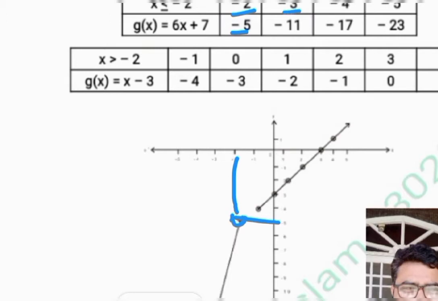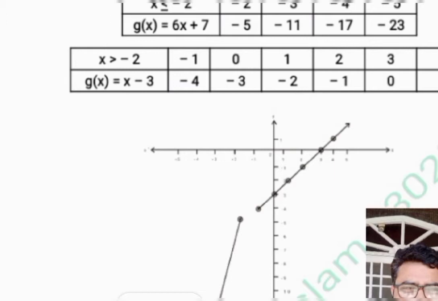And at -3 there is -11, so the value of y is minus 11 here, and the value of x is minus 3 here. So we have plotted a point here.